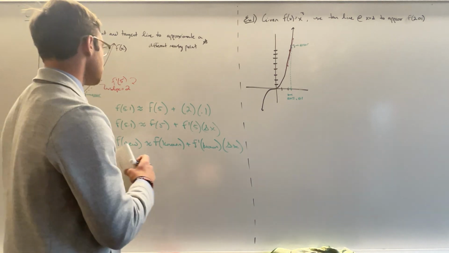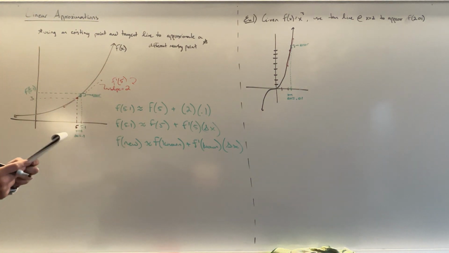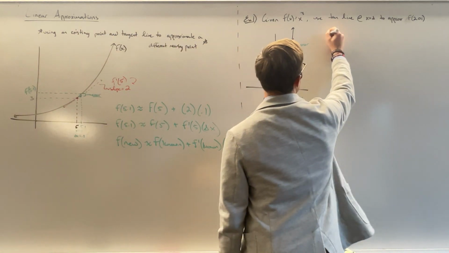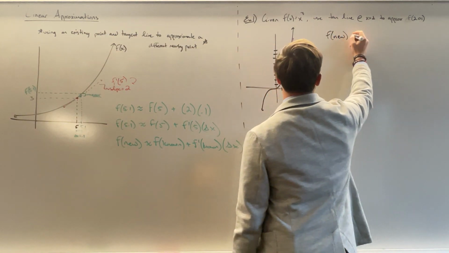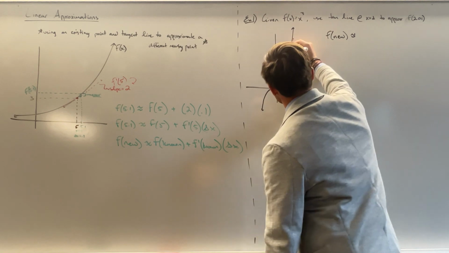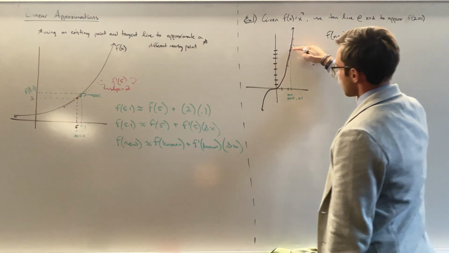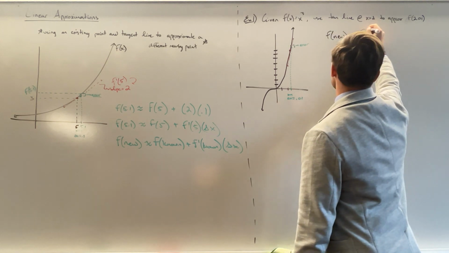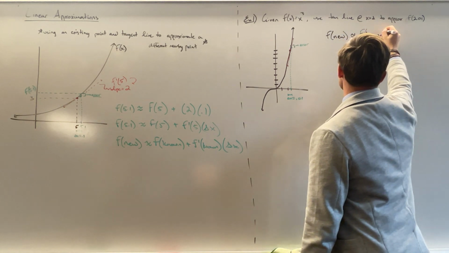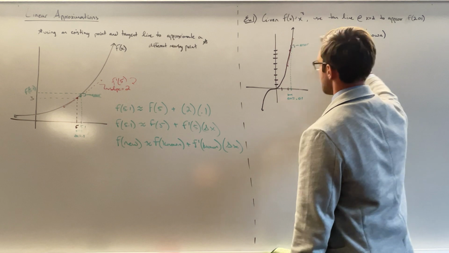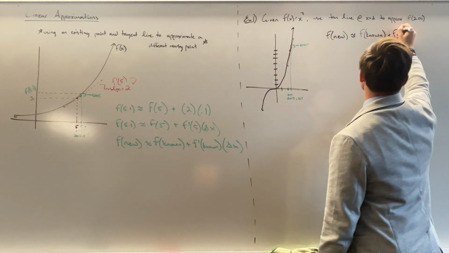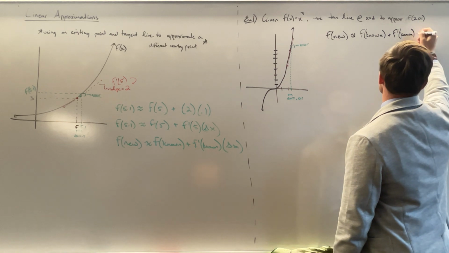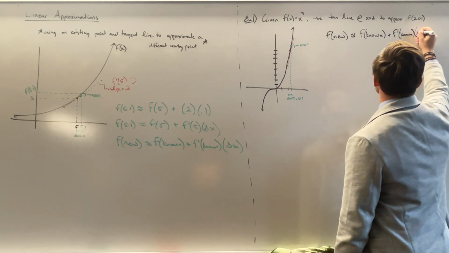So here's what we do. Let's take this concept. We have f of our new point, which is this green dot. We're going to approximate it by saying it's approximately the value of our known point, and then moving up the tangent line, so the derivative of that known point, moving up its tangent line a tiny amount.